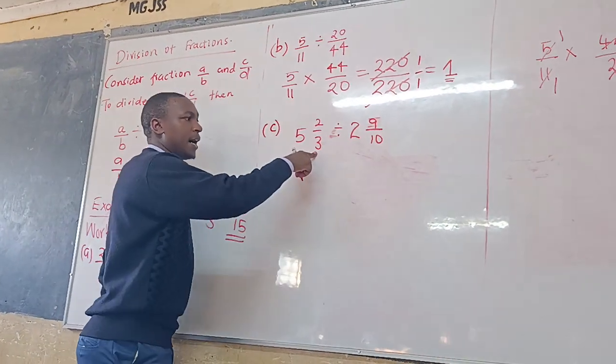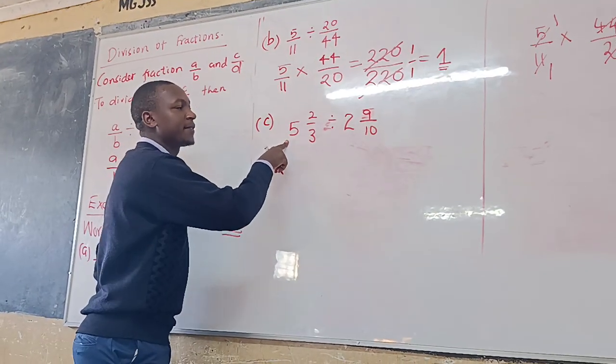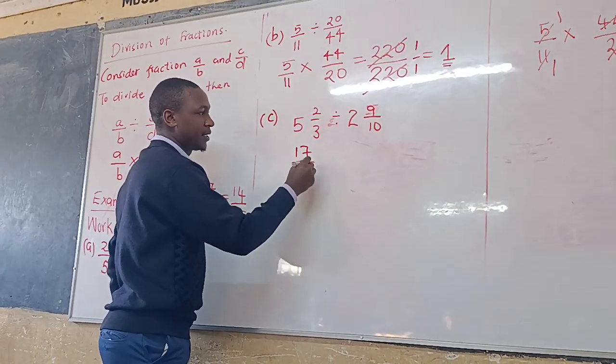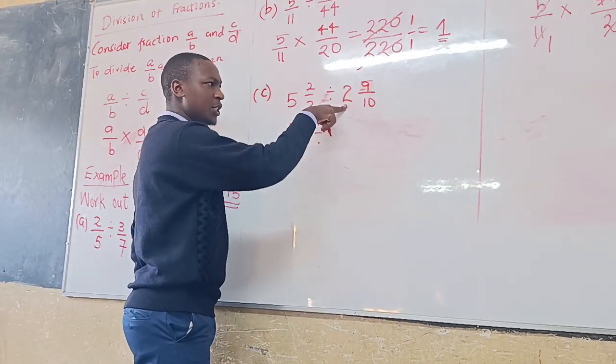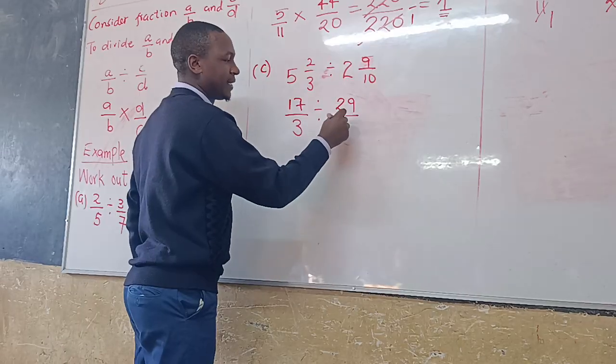So this is going to be 5 times 3, 15 plus 2, 17 over 3. Divided by 2 times 10 is 20 plus 9 is 29 over 10.